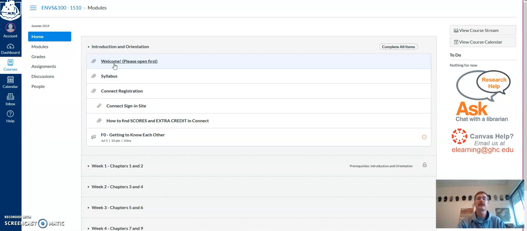In addition, there's going to be the syllabus. Now, the syllabus is very important. I'm not going to be going over the full syllabus. It is in your best interest to go through that so you have a good understanding of what the course requirements are. I'd be happy to answer any questions.